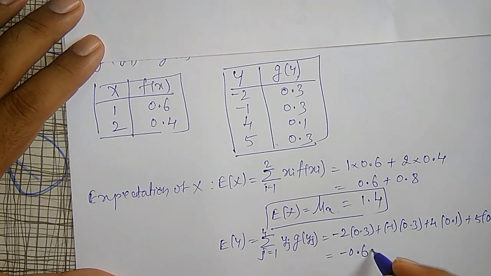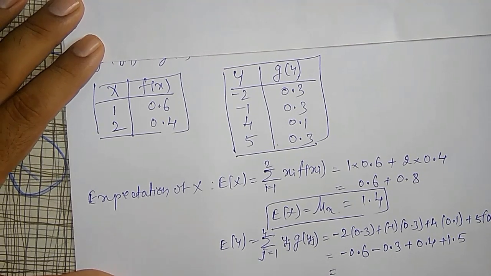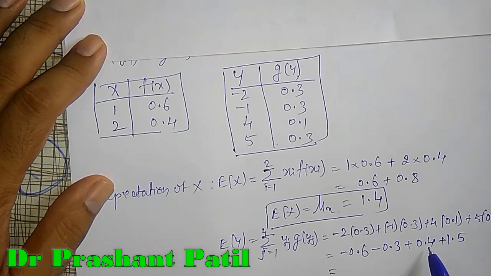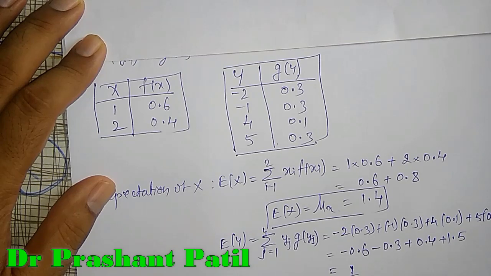That is minus 0.6 minus 0.3 plus 0.4 plus 1.5, which will be minus 0.9 plus 0.4, will become minus 0.5. Therefore its mass distribution will become 1.